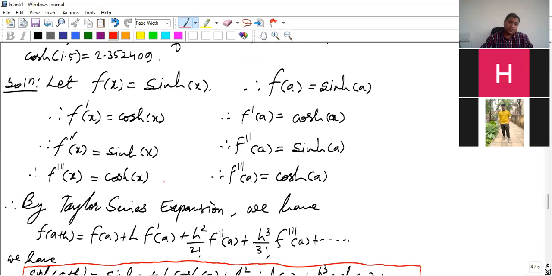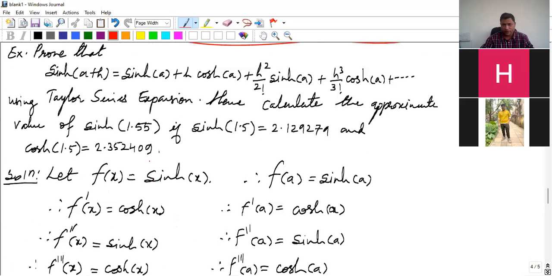Now see the question, what we want. Hence calculate the approximate value of sinh 1.55. So we have to calculate the value of sinh 1.55, if we know that sinh 1.5 is this term and cosh 1.5 is this term.